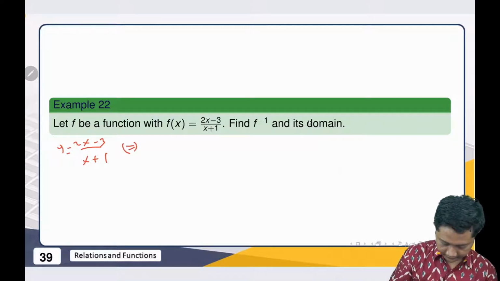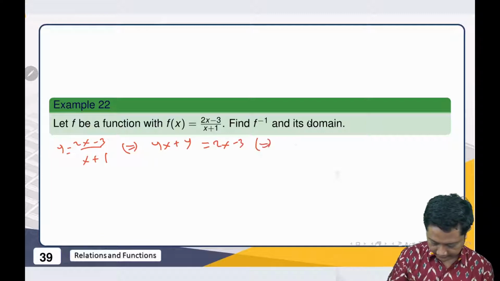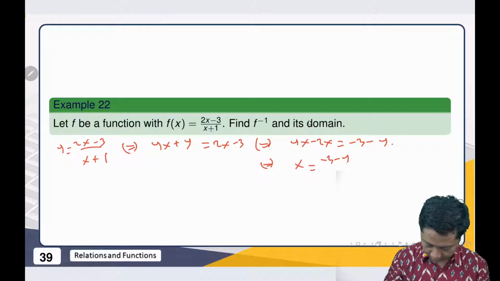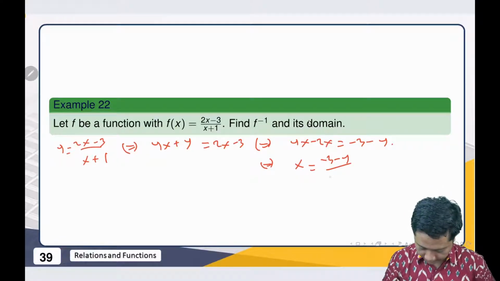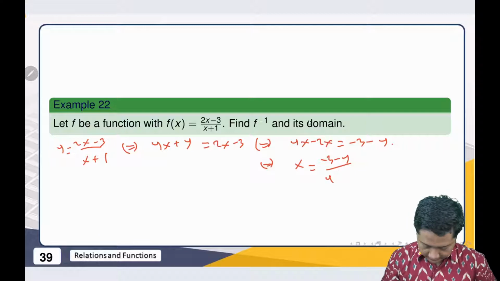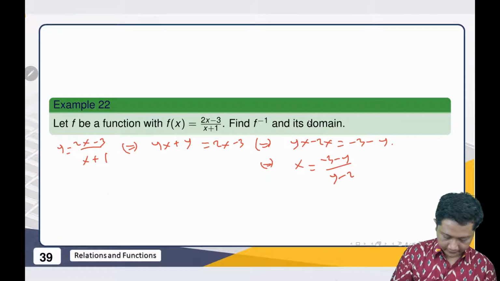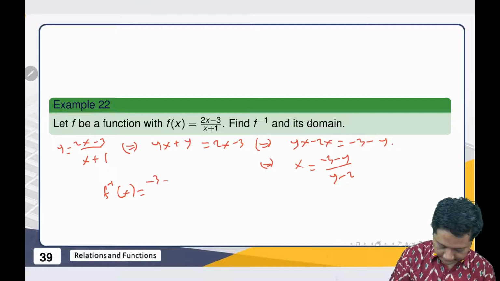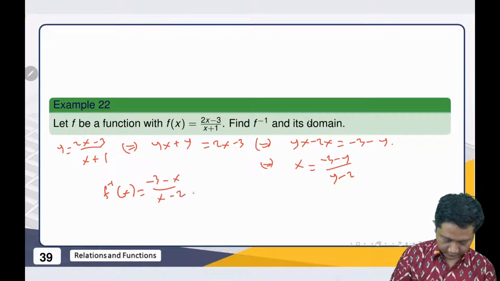If and only if yx + y is equal to 2x - 3, if and only if yx - 2x is equal to -3 - y, then our x is equal to (-3-y)/(y-2). So we have f inverse of x equal to (-3-x)/(x-2). So what is the domain of f inverse? x - 2 cannot be 0.